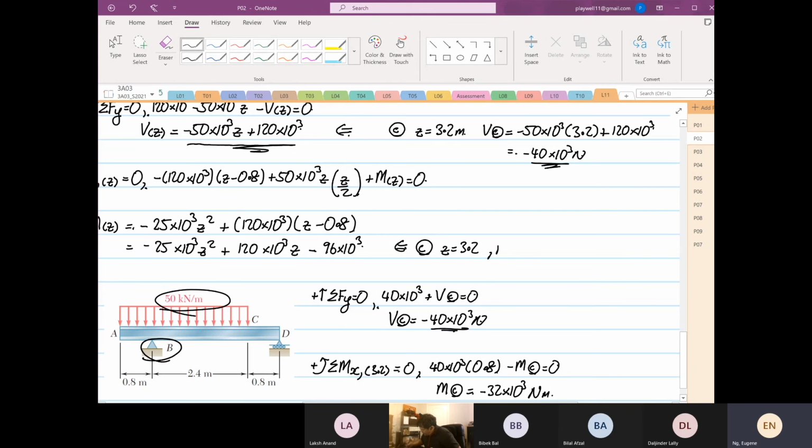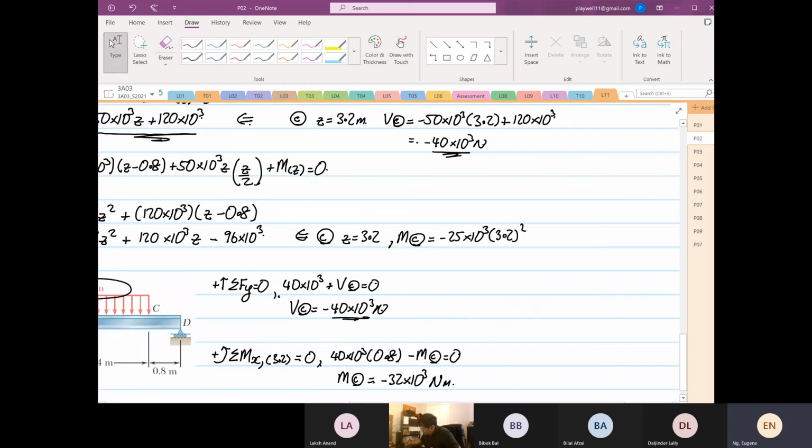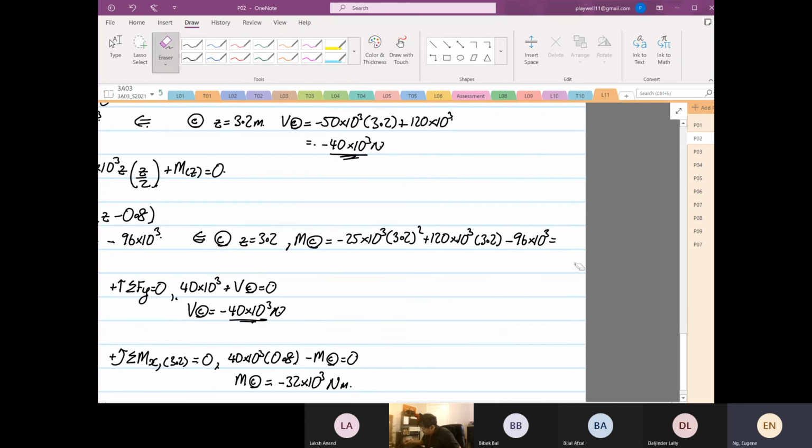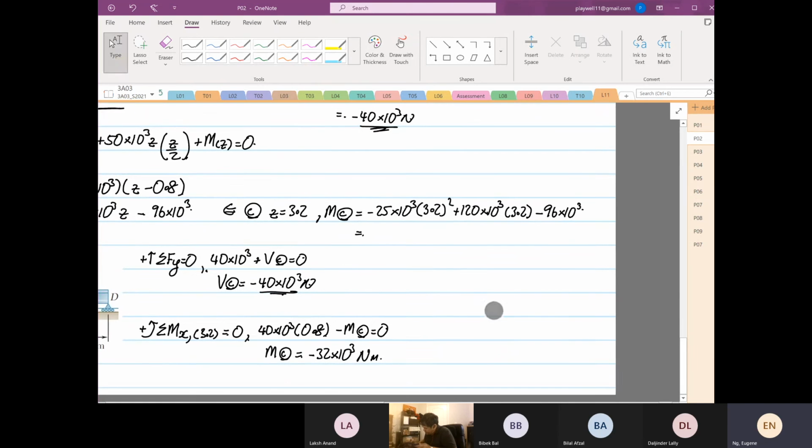So the moment at point C is equal to minus 25 times 10 to the power 3 multiplied by 3.2 squared, plus 120 times 10 to the power 3 multiplied by 3.2, minus 96 times 10 to the power 3, which is equal to 32.